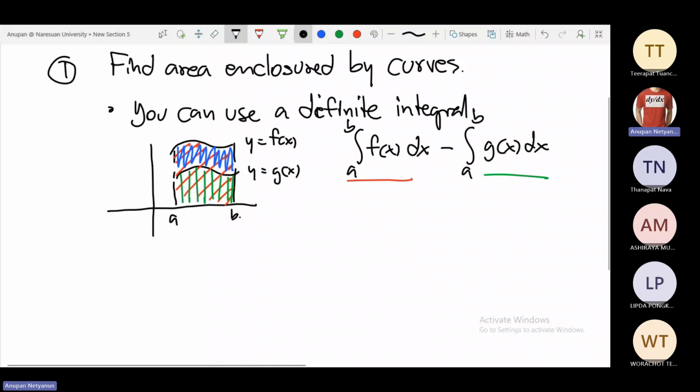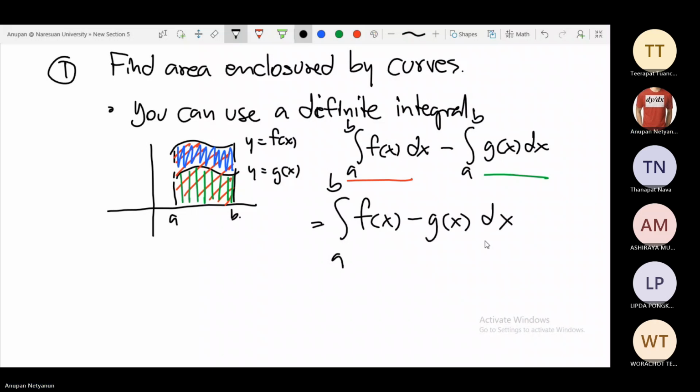And by the property of the definite integral, you can take the integral out of the two terms. So it becomes the definite integral from A to B of f(x) minus g(x) dx. See, you can use a single integral or a definite integral to find the enclosure area.